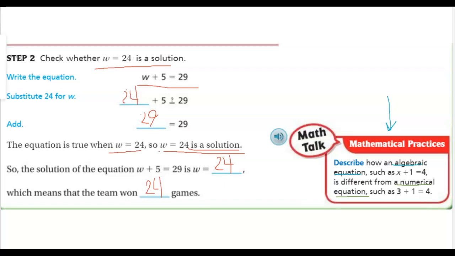So hopefully what you've noticed is in the algebraic equation, and forgive me if I said expression before, in the algebraic equation, you have at least one variable. Whereas in the numerical equation, everything is a number. So you call it a numerical equation.